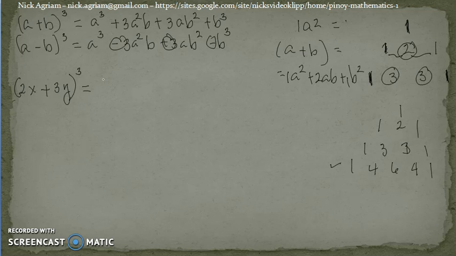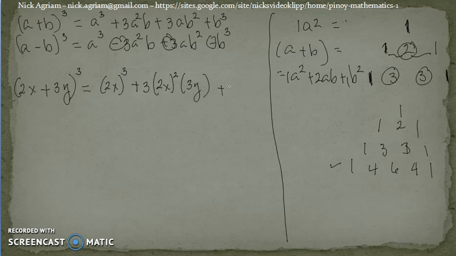Then the first term, you have 2x raised to the power of 3 plus 3 times the first term again, 2x squared, and then the last term 3y. Then we have 3 times the first term, 2x, and the last term 3y squared. And the last term now is 3y raised to the power of 3.